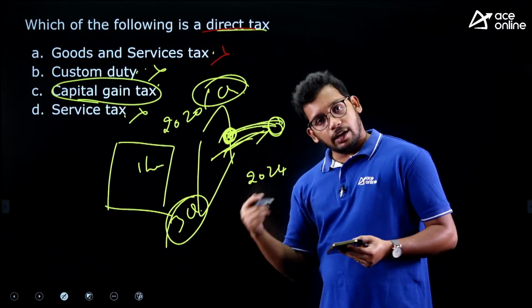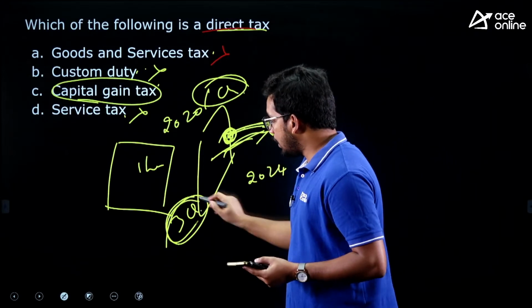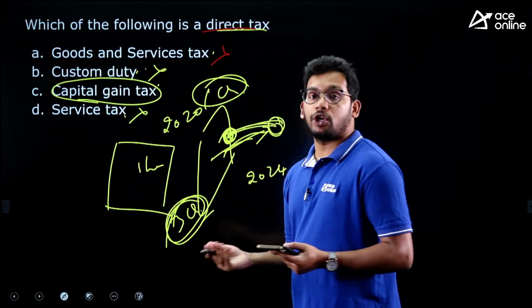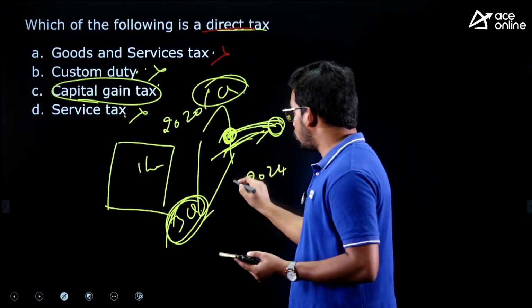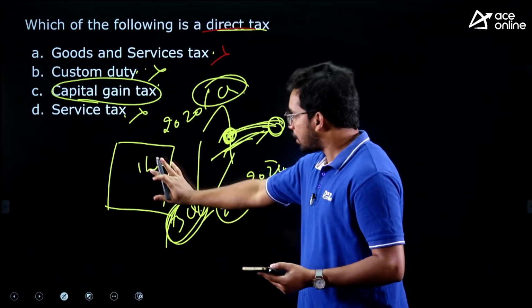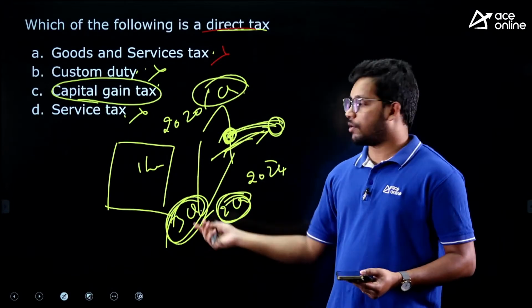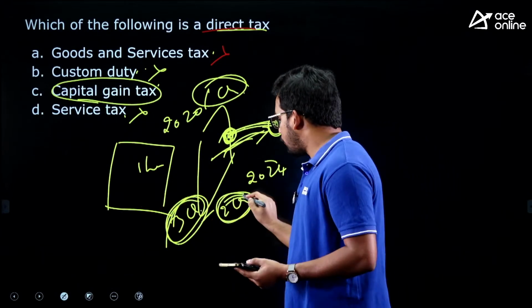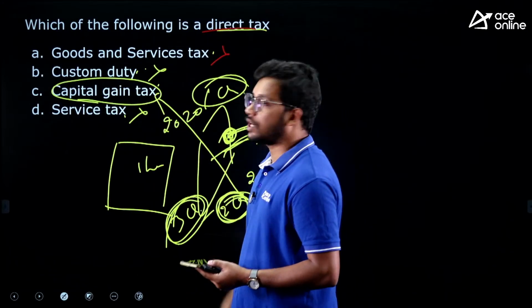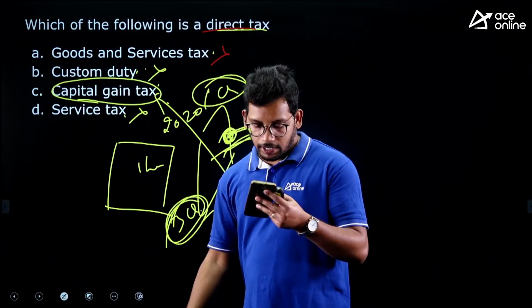So 3 crores. Do I get any profit or not? I bought it for 1 crore and now I am selling it for 3 crore. The market value has increased, so I have got 2 crore profit. That is capital gain. Capital means land here. Any asset is capital. So I am gaining 2 crore from selling this land. For this 2 crore, I need to pay tax to the government. This is directly paid to the government. That is called capital gain tax.